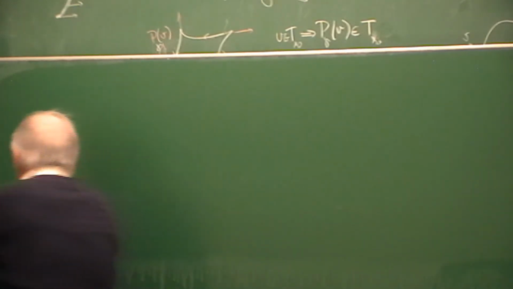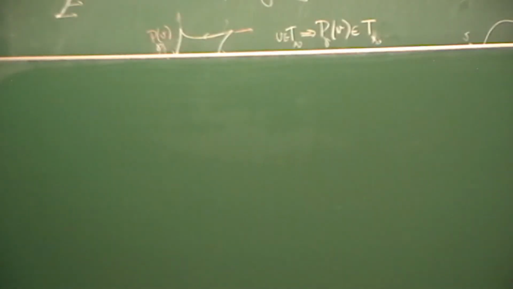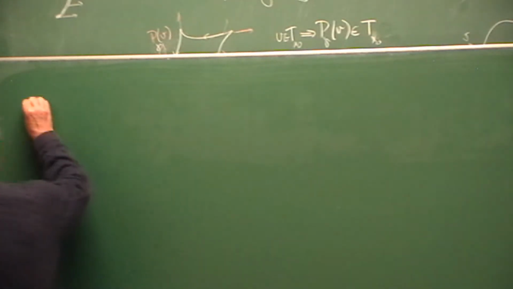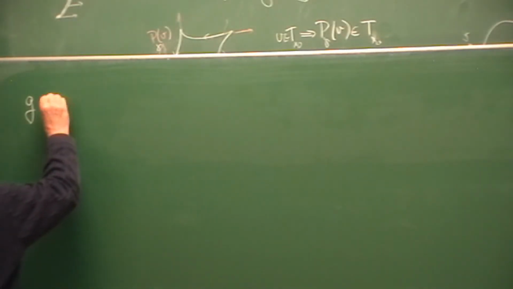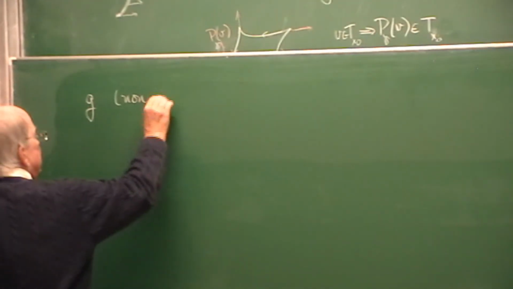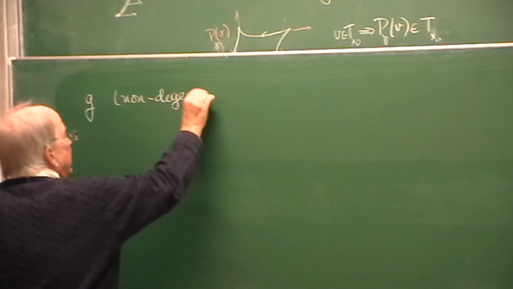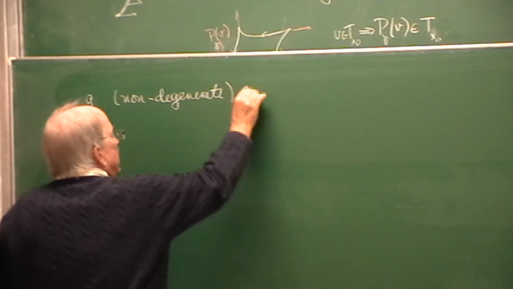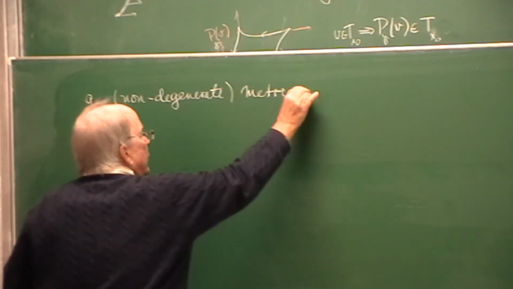You have a non-degenerate guy. If you have such a guy, so you have g, just to emphasize that it may be pseudo-Riemannian, so a non-degenerate metric, could be pseudo-Riemannian, on M.